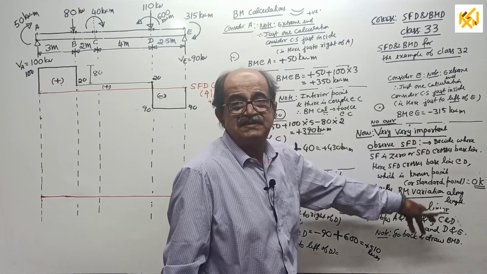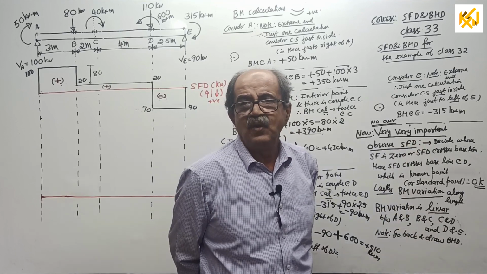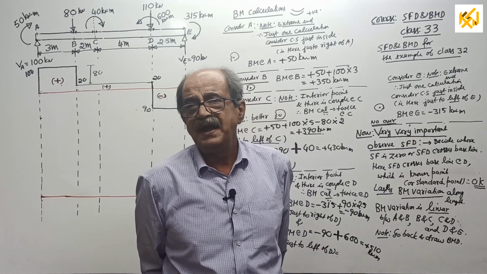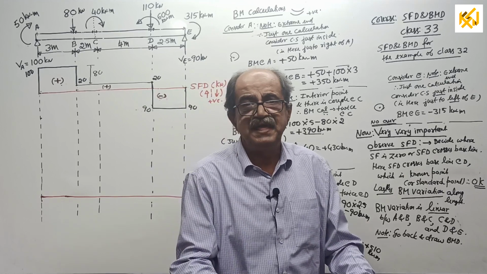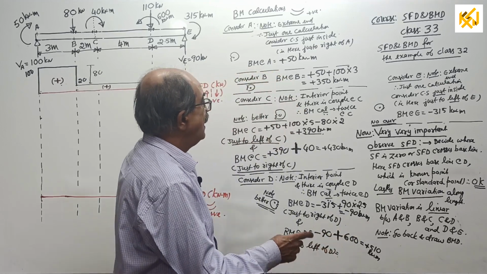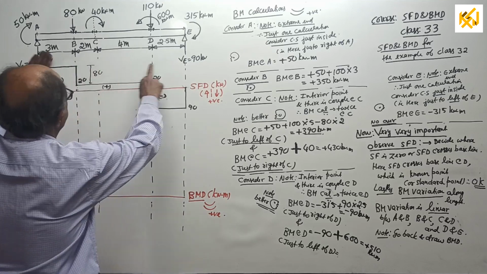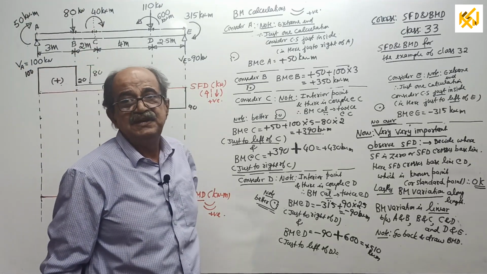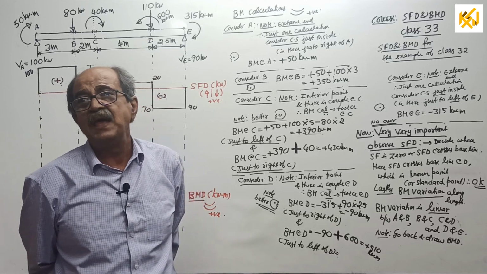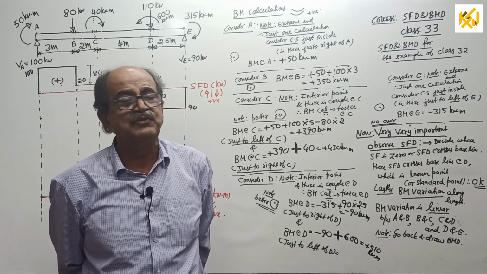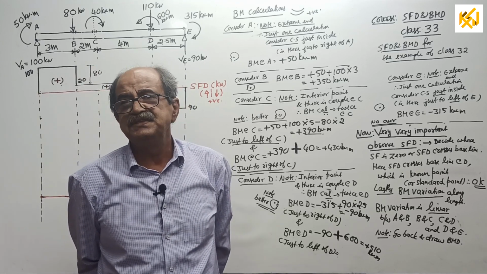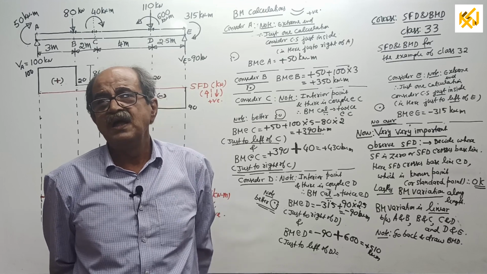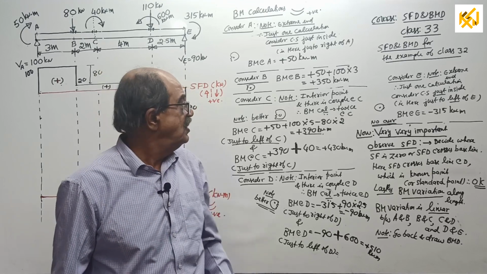That's why advanced information. After finding bending moment at all standard points, I will tell, go back and observe the shearing force diagram and see where all, sometimes one point, sometimes multiple points will be there. Shear force is either 0 or it crosses baseline.